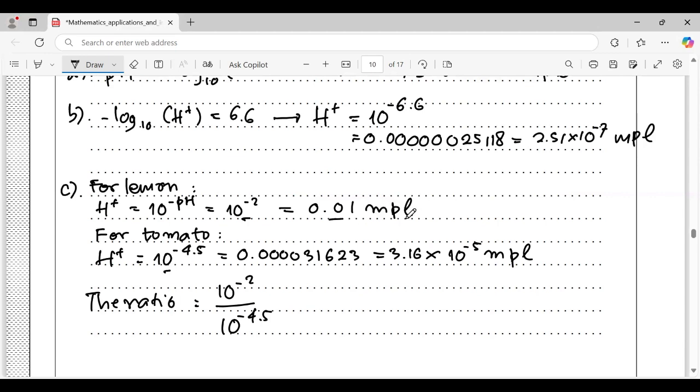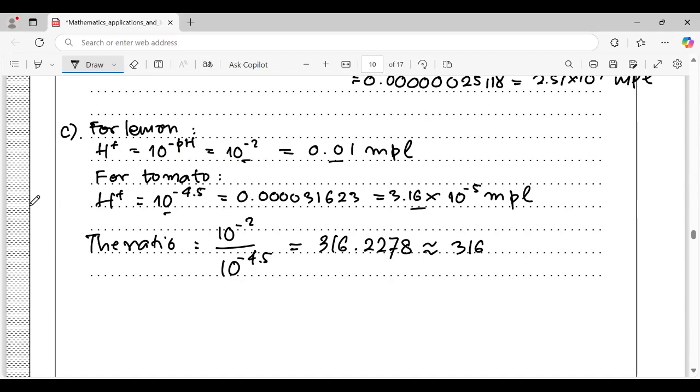Also, you can use this number and this number: 0.01 over 3.16 times 10 power minus 5. And I have calculated this. If you divide 10 power minus 2 over 10 power minus 4.5, the result is 316.2278. Rounded off, it becomes 316.